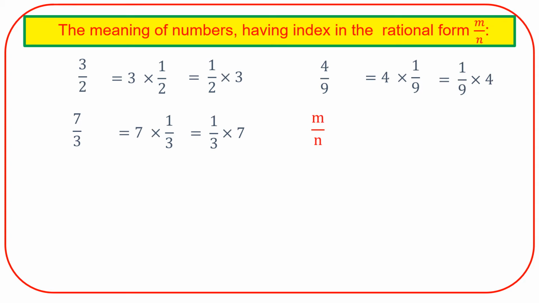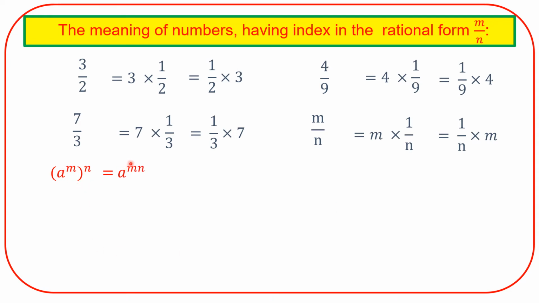How to write m upon n in multiplication form? m upon n is equal to m into 1 upon n, or 1 upon n into m. Now, a raised to m, bracket raised to n, is equal to a raised to m n.